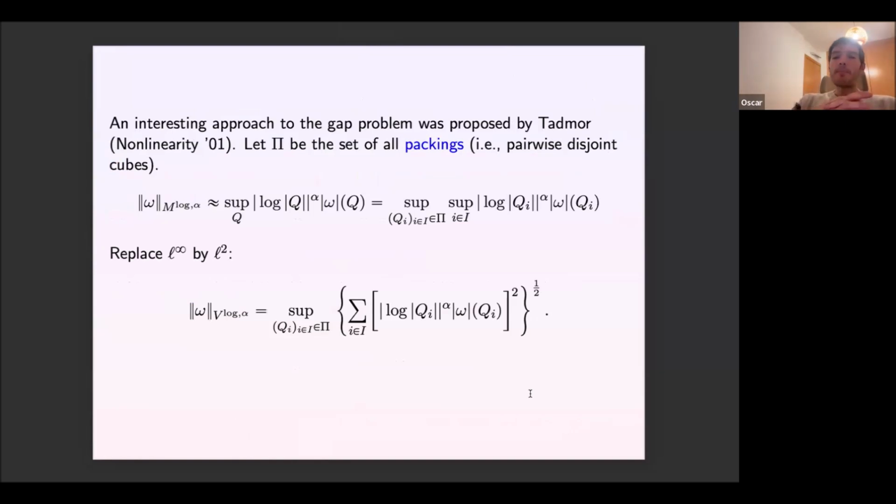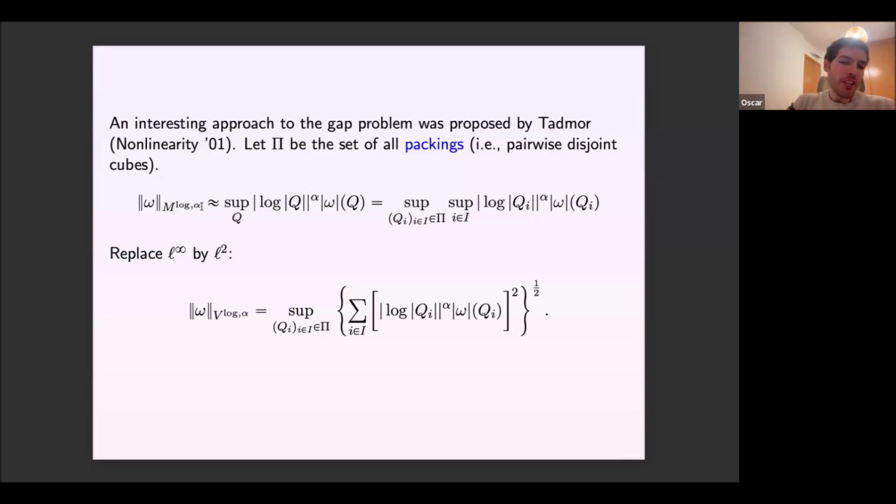Another interesting approach to the DiPerna-Majda gap problem was proposed by Tadmor in 2001, and to explain his method, let me recall the definition of packets. So let P be the set of all packets, that is, pairwise disjoint cubes.